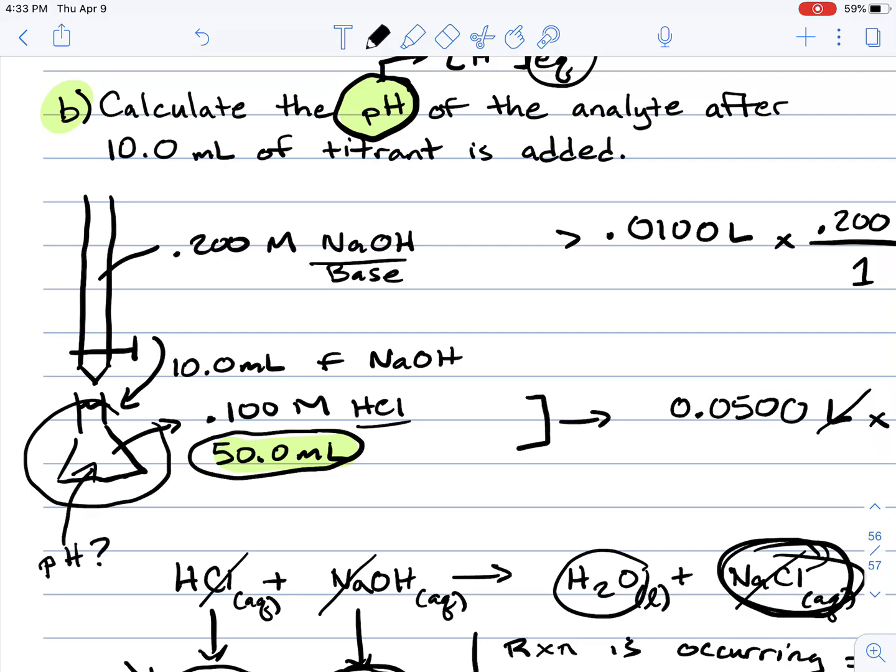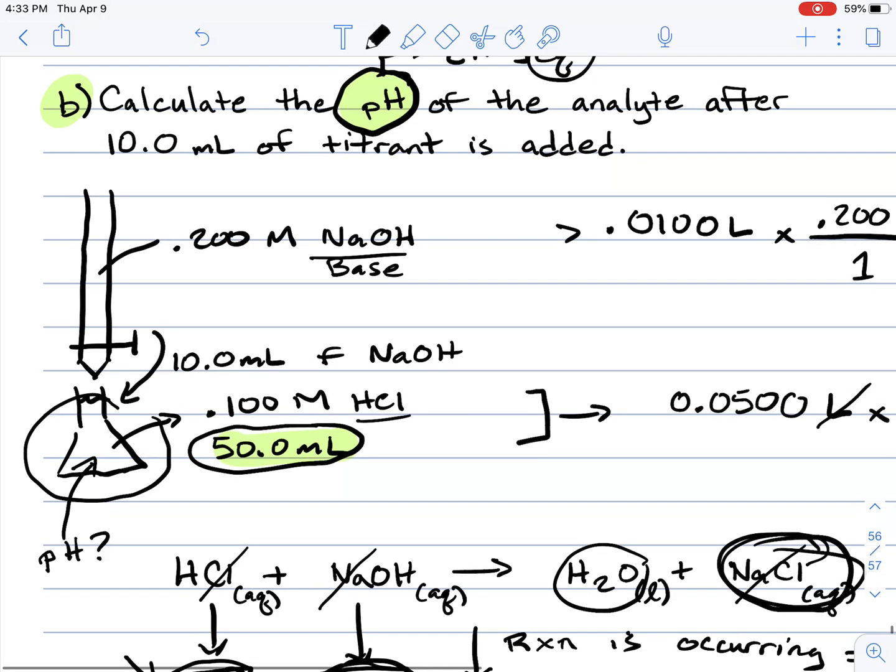What is the pH of the solution inside the Erlenmeyer flask? And the problem asks you to transfer 10 milliliters of sodium hydroxide. And so if we had an initial volume of 50 milliliters, this is what we're going to add.